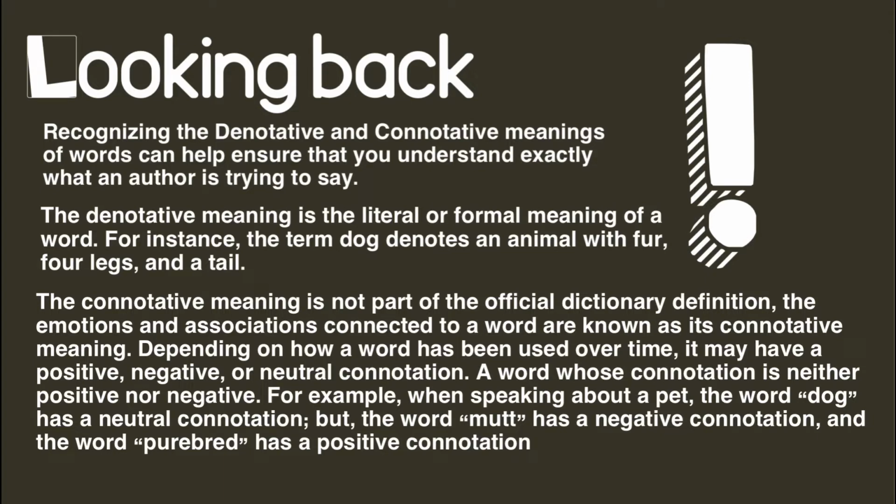For instance, the term dog denotes an animal with fur, 4 legs, and a tail. The connotative meaning is not part of the official dictionary definition. The emotions and associations connected to a word are known as its connotative meaning, depending on how a word has been used over time. It may have a positive, negative, or neutral connotation.